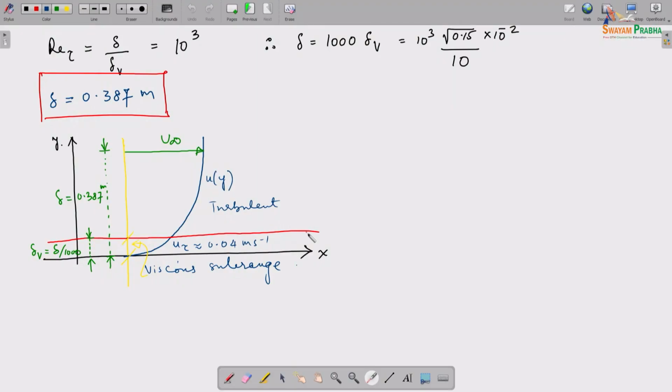In here the Reynolds number is equal to 1000. Okay, so that's the turbulent boundary layer that we just talked about. I think that's all the information.